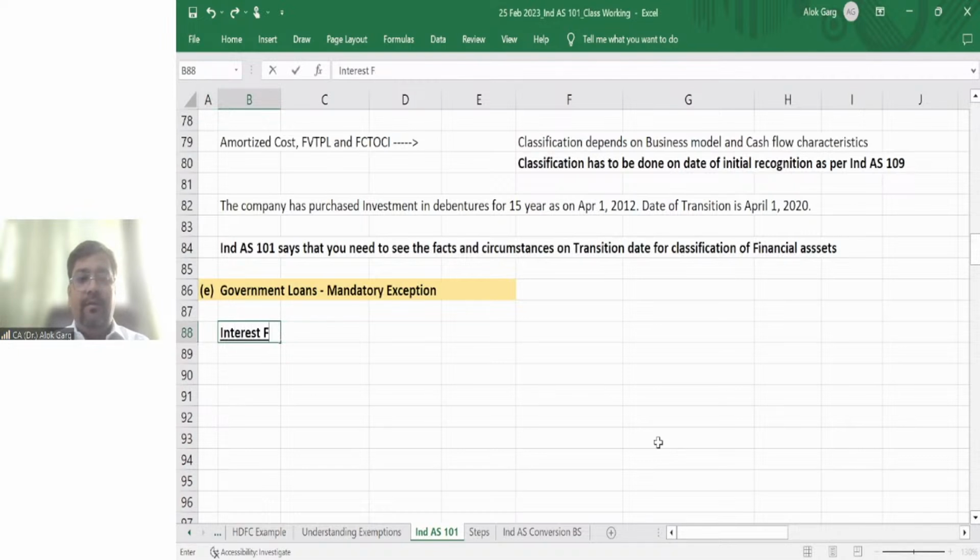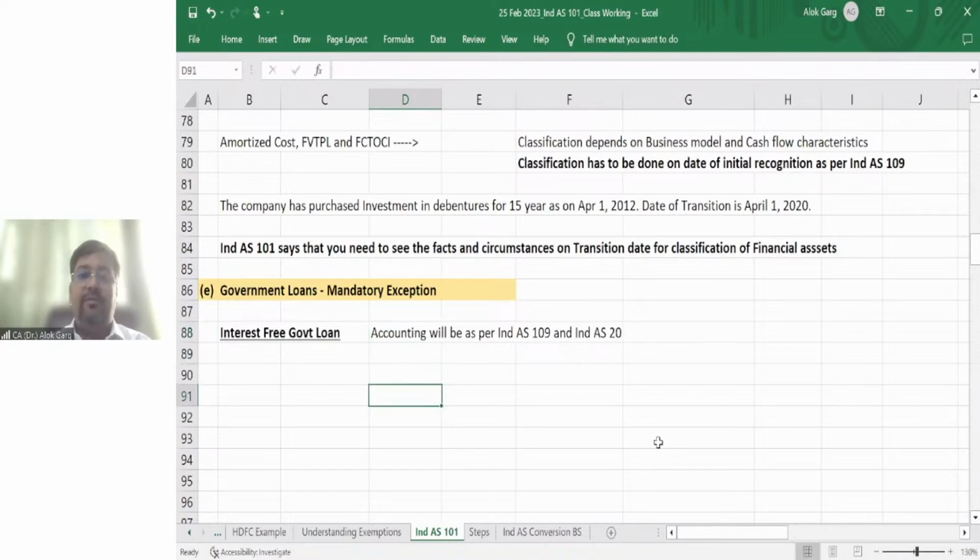Interest-free government loan. What is the accounting? So the accounting will be as per Ind AS 109 and Ind AS 20, right? What is the general rule?